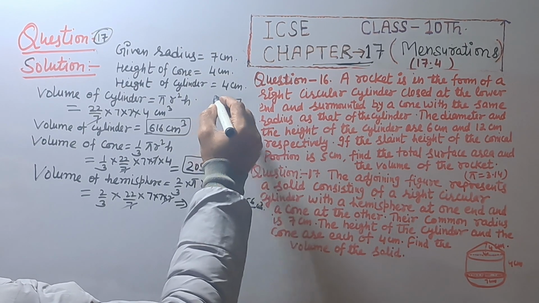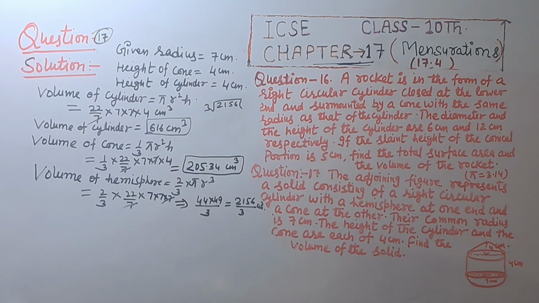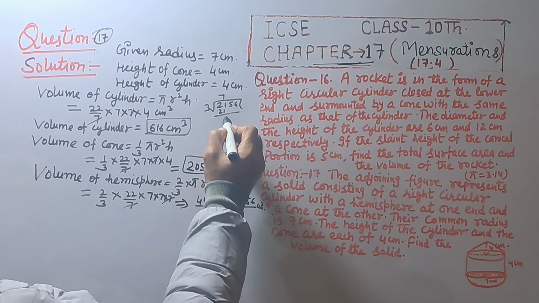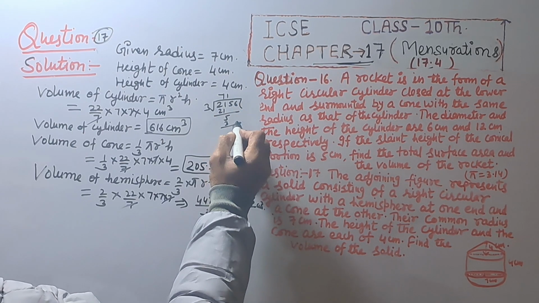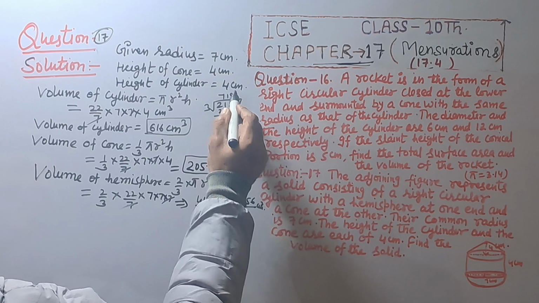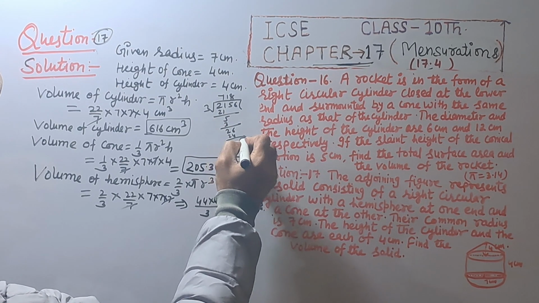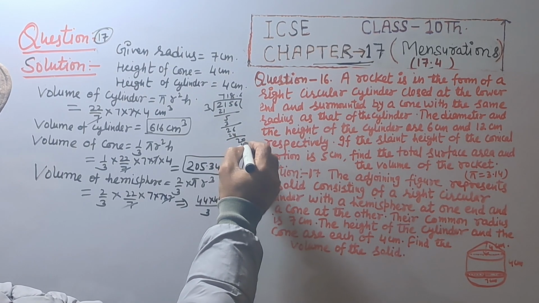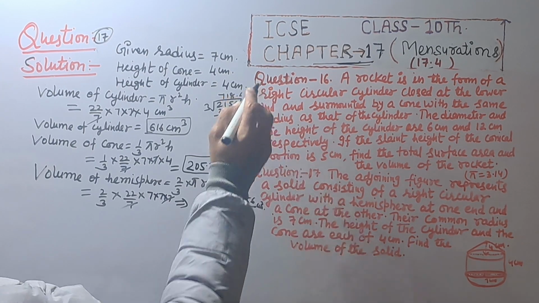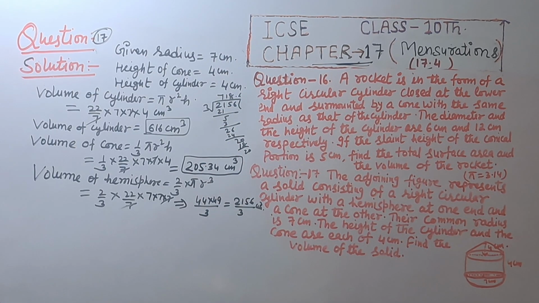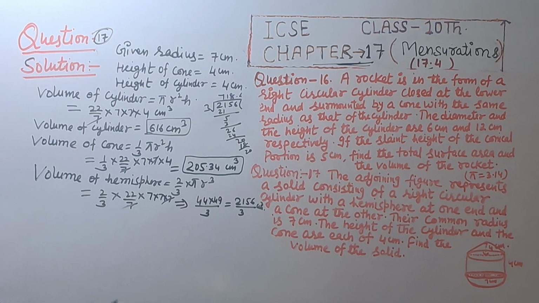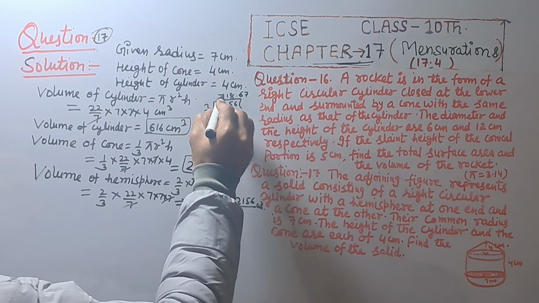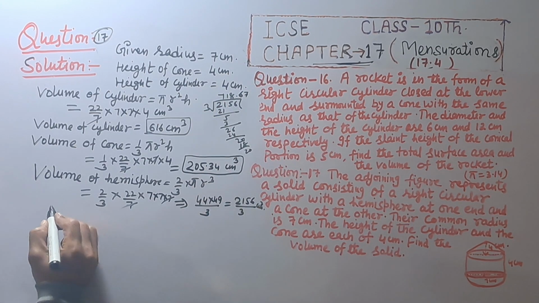2156 divided by 3. That is approximate value 718.67.